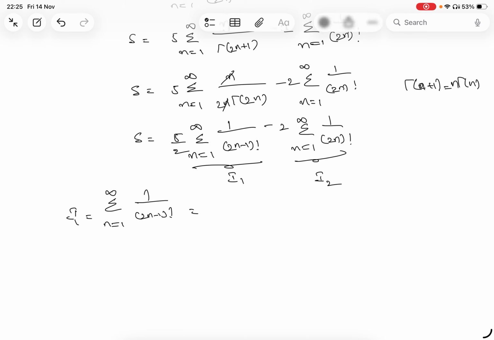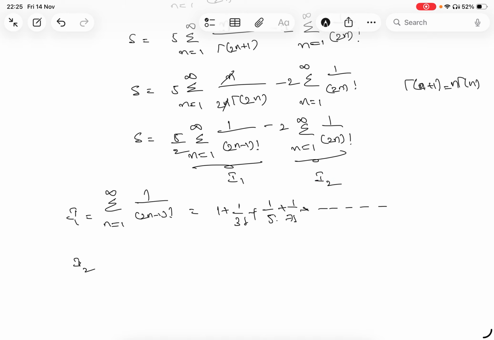If n equal to 1, 2 into 1 minus 1 is 0 factorial, which is 1, plus n equal to 2, 2 into 2 minus 1, 3 factorial, plus n equal to 3, 2 into 3 minus 1, 1 by 5 factorial, plus 1 by 7 factorial plus and so on.